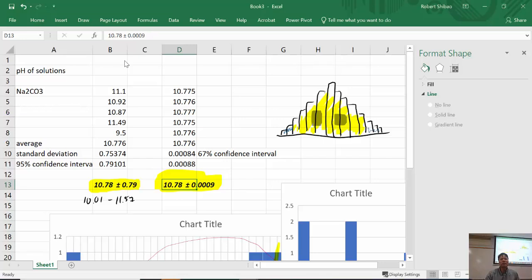And this one is going to range from like 10.7791 to 10.7809.